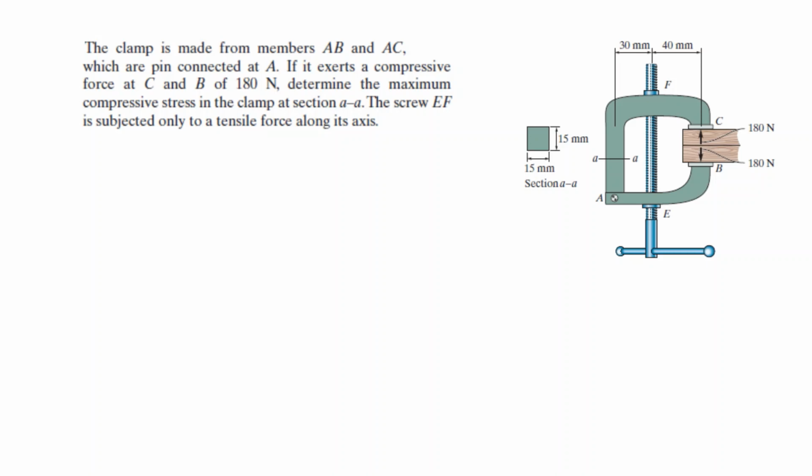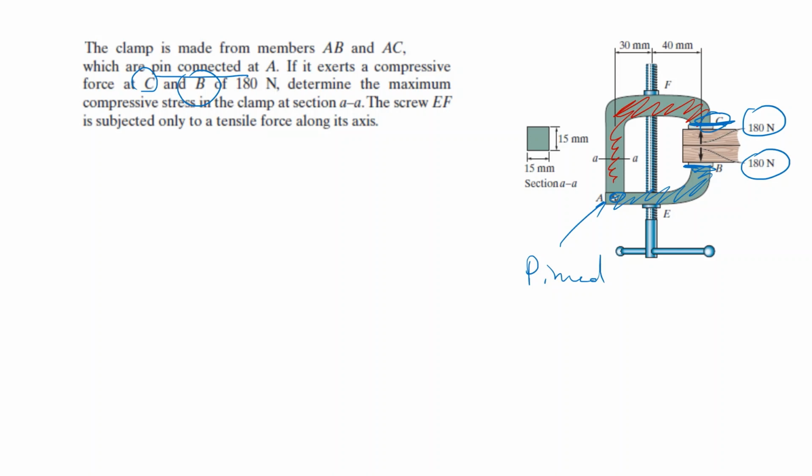Well, a last problem. There is a clamp, and this clamp is made of 2 members. So this is member 1, and the second one is this one. And these are pinned over here. In point A, they are pin connected. In C and B, which are the clamping surfaces, the compression is 180 newtons.